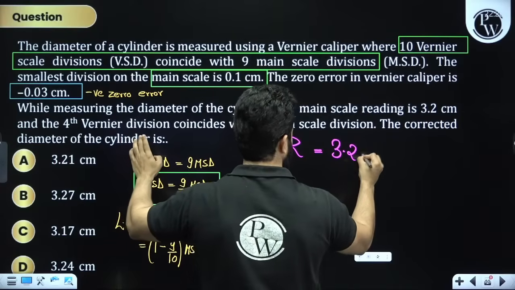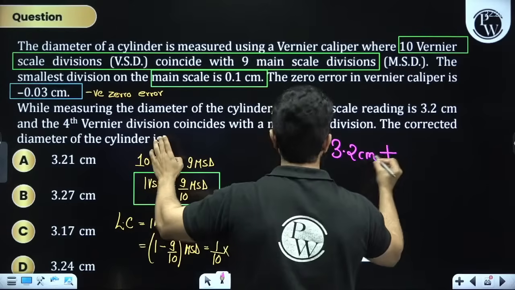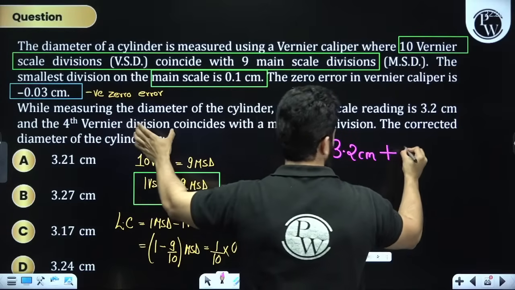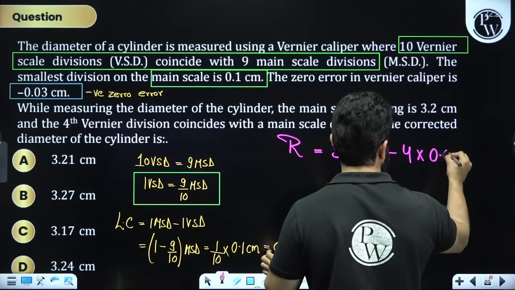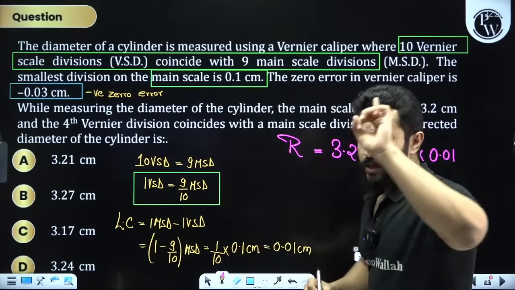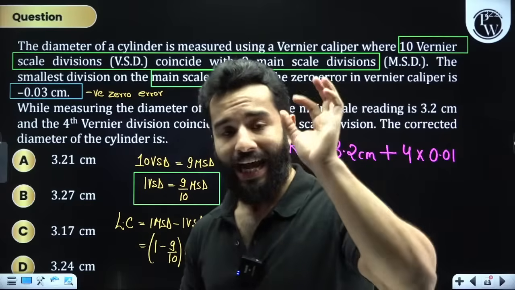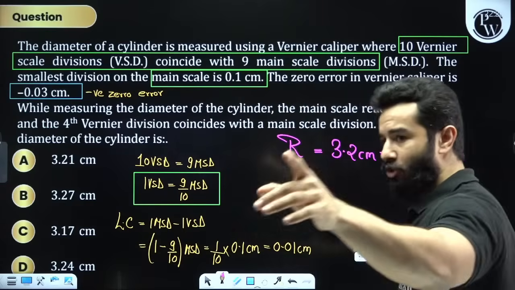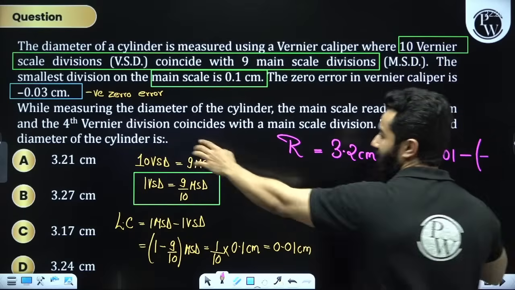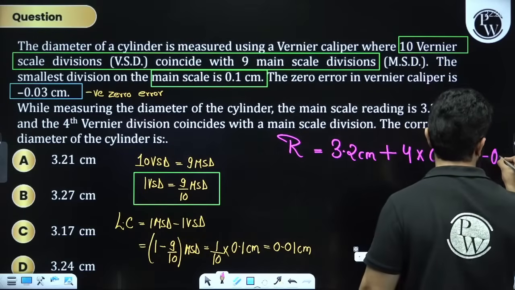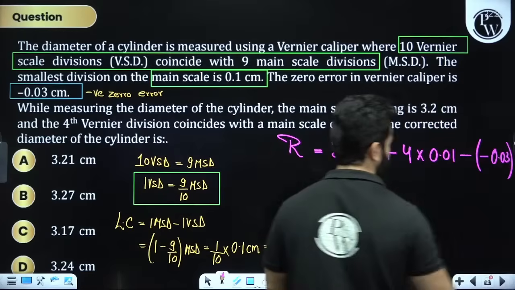So main scale reading is 3.2 centimeter plus fourth vernier division, that means 4 multiplied by least count 0.01, and error is always subtracted. That means minus of minus 0.03. Please remember, error is always subtracted.